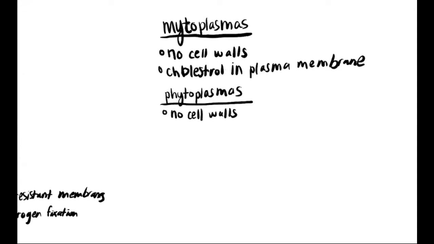They can also cause plant diseases. This could be like the X disease in peaches, and then aster yellows and elm yellows, which cause the yellowing of leaves.